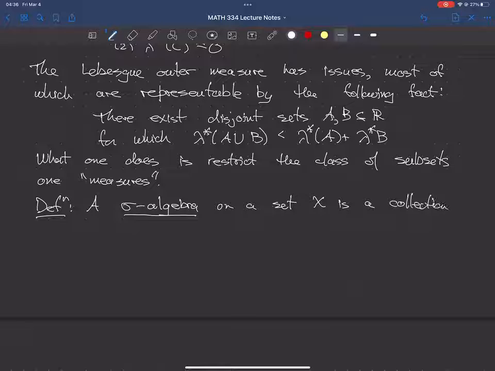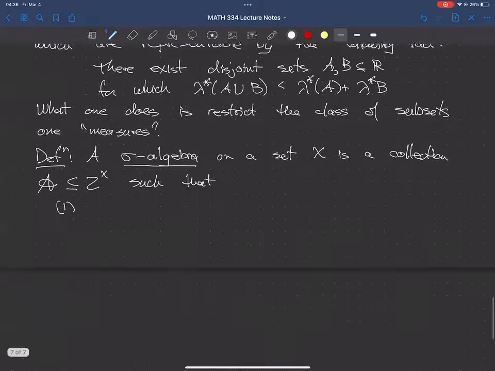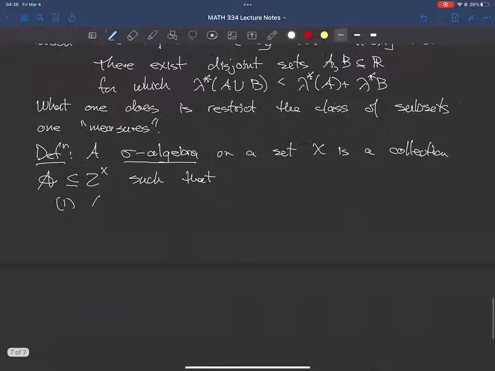The thing we're defining is what's called a sigma algebra. This is a collection of subsets, a collection script A of subsets, so this is a subset of the power set. There should be some conditions satisfied by this.